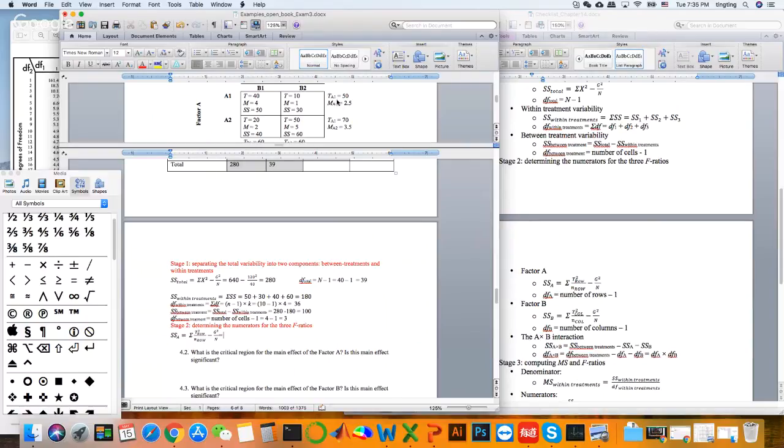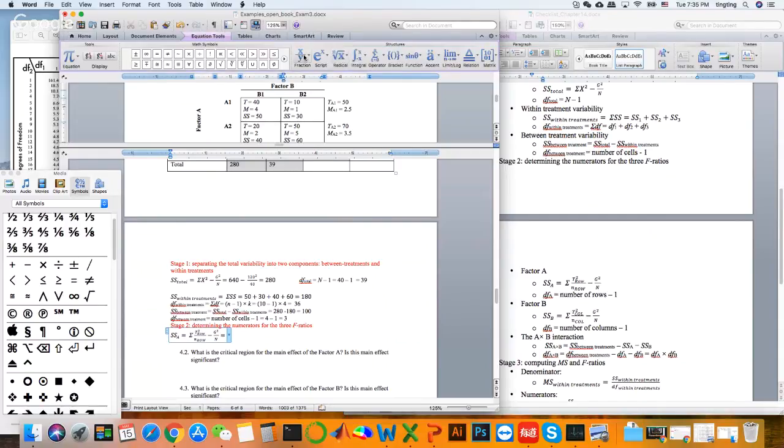So T row here, these two numbers are T rows equals to 2, 2.